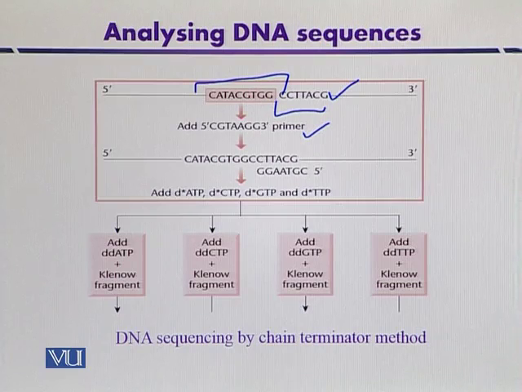When the primer is added, the 4 different reaction mixtures are carried out, for adenine, cytosine, guanine or thymine. So all 4 dNTPs and their respective dideoxynucleotides are added. This amplification is performed in the presence of Klenow fragment.